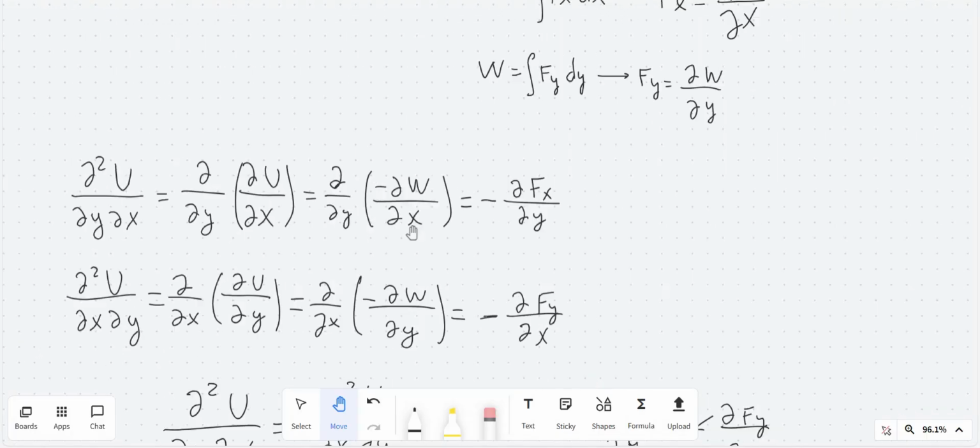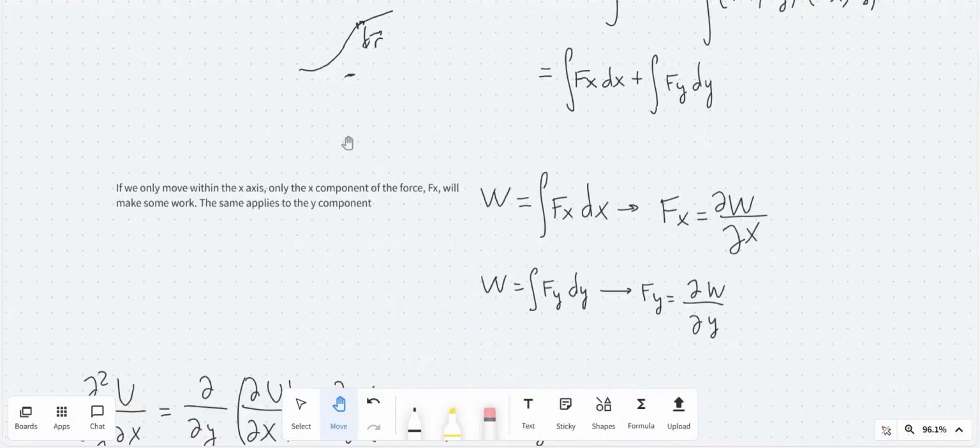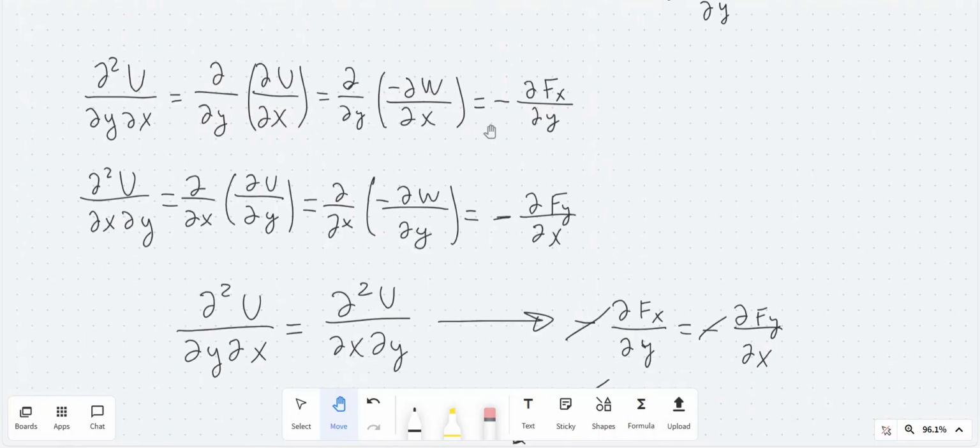If you remember, work is minus the difference in potential energy, so that difference in potential energy is minus the difference in work. The derivative of work with respect to x is F sub x, the x component of F. Differentiating that with respect to y, we have that derivative.